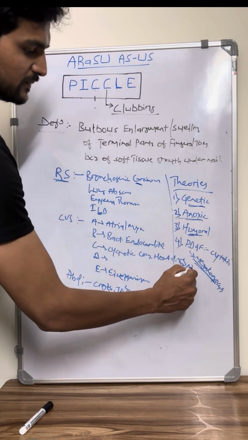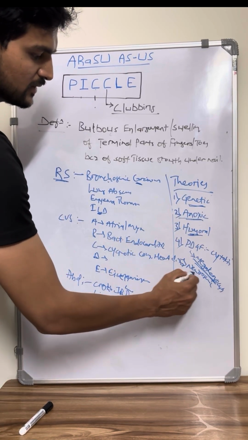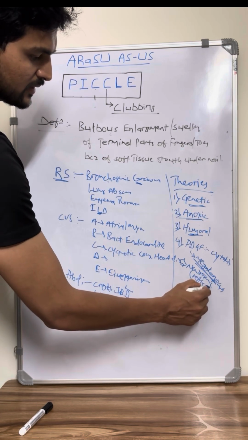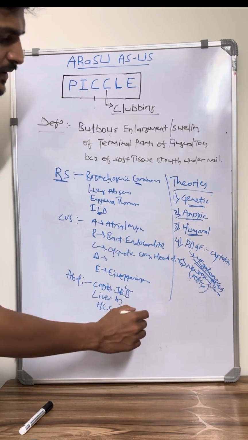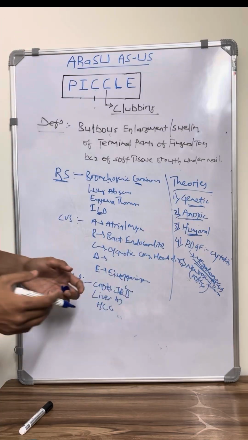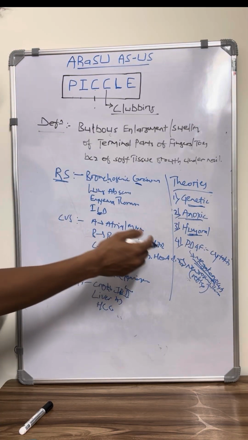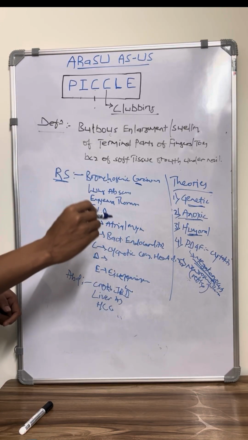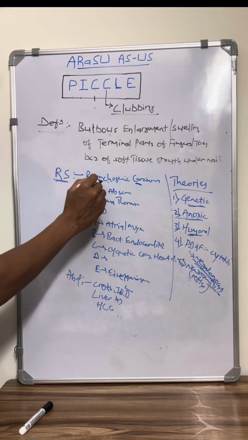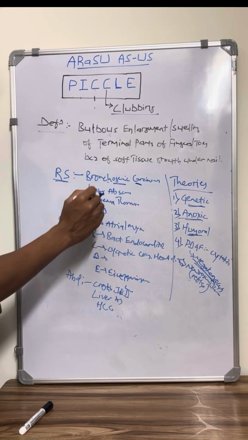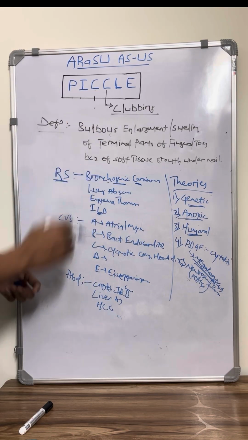Then comes the neurogenic or reflex theory. They say vagal stimulation because of any mechanism will lead to formation of clubbing, which was proved whenever vagal neurectomy or vagotomy was done for bronchogenic carcinoma, as it led to reversal of clubbing.